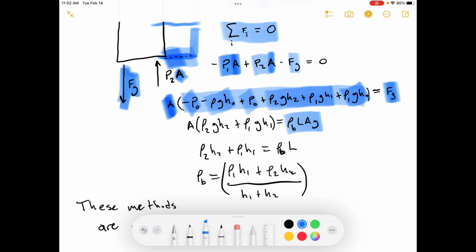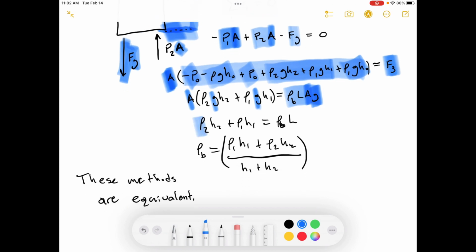Well, now we see that we can factor out the area and the gravity, and they cancel on both sides of the equation. And we're just left with rho 2 H2 plus rho 1 H1 equals the density of the block times L. And this is what we got before for part A in the same problem. And we can see now that the two methods are equivalent.